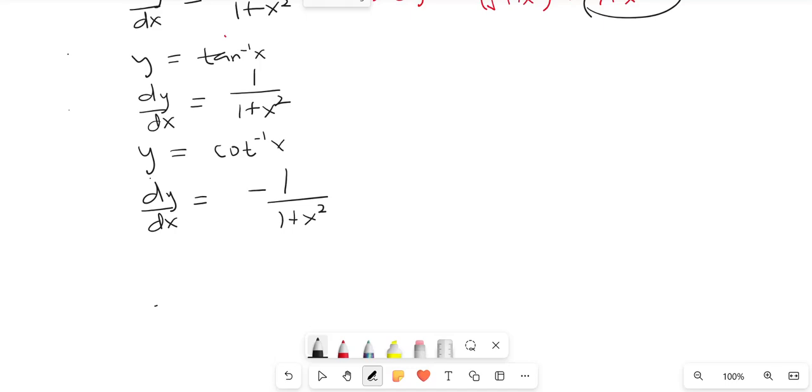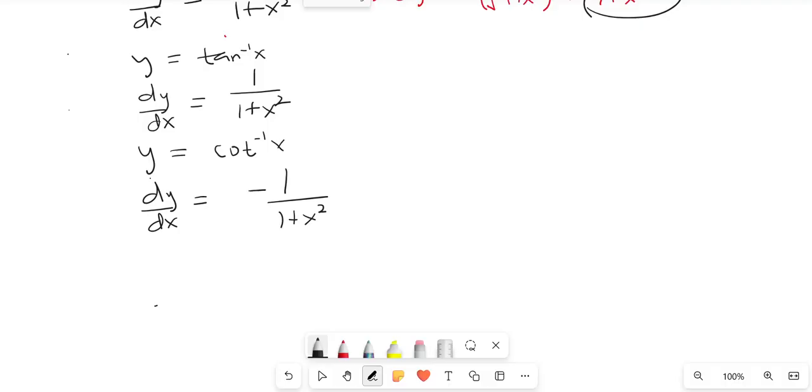So that is the derivative of the tan inverse of x and the cotangent inverse of x. One is always the negative of the other one. So cosine is negative of sine and cotangent is negative of tangent.